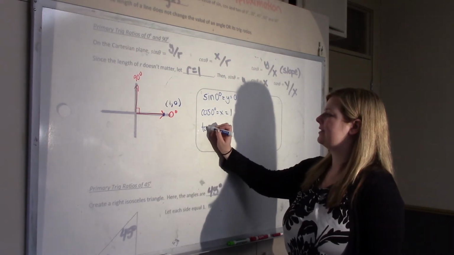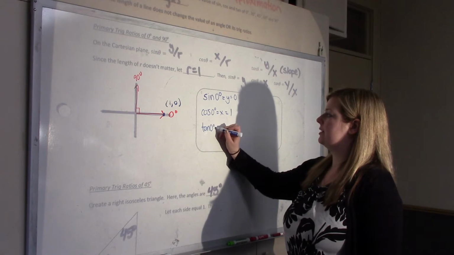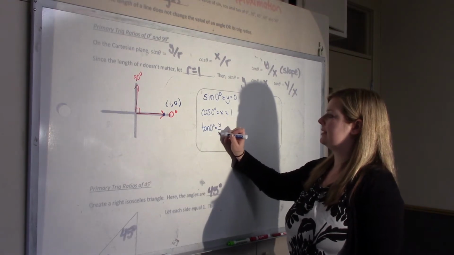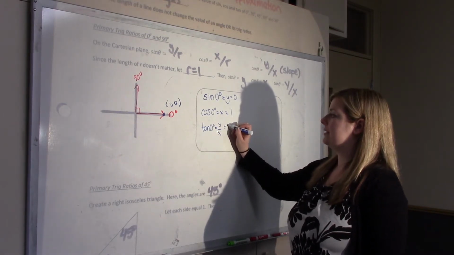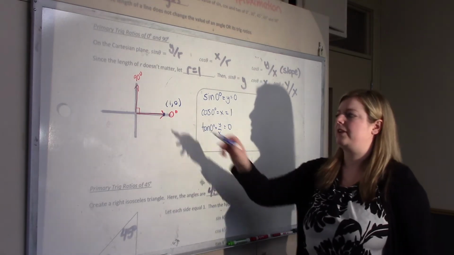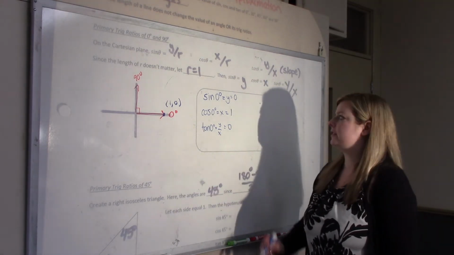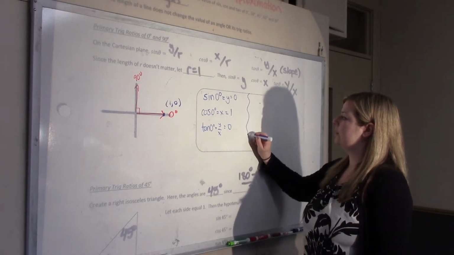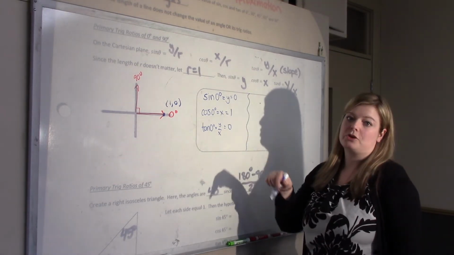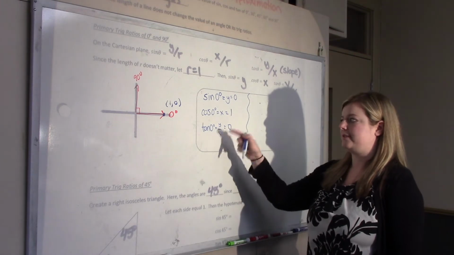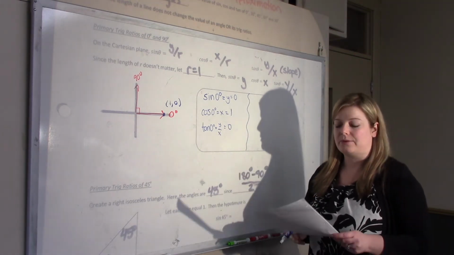And the tan of 0 degrees, which is equal to y over x, so we can think about it as slope, would be 0. 0 divided by 1, or think about it, the horizontal line has a slope of 0. So there we go. Now you can use your calculator and push in sine 0, cos 0, tan 0. You'll see these are the answers that you get.